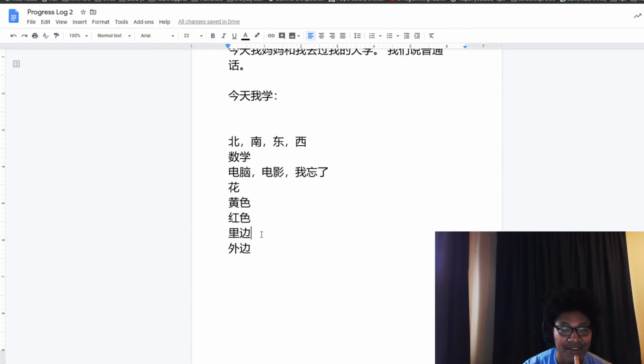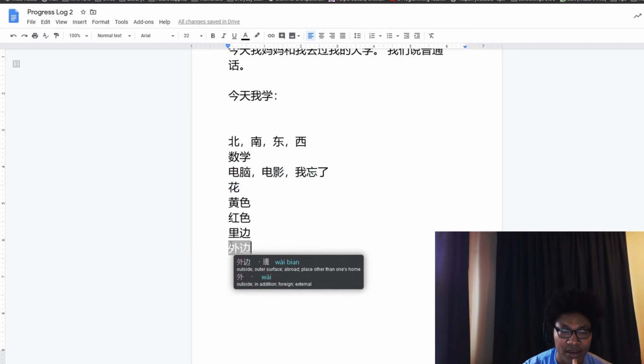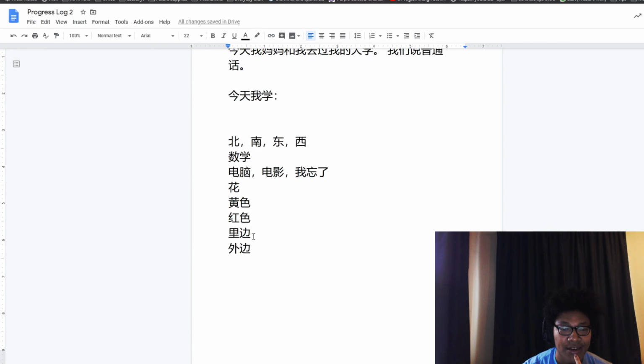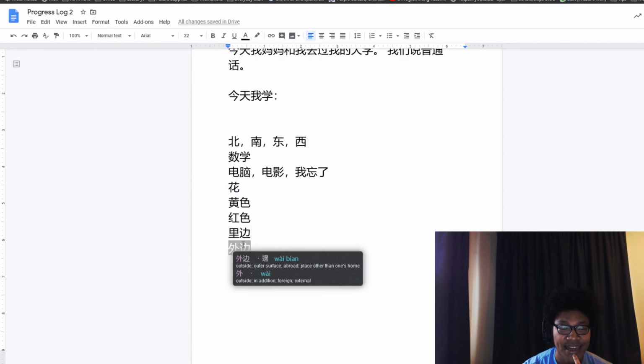This is the last thing I quite remember, which was 离变 versus 望变 or 微变. Is it 微变? 微变. Yeah, 微变. No, that's not 微. That's 歪. 歪变. Okay. Anyway, this is inside. This is outside.